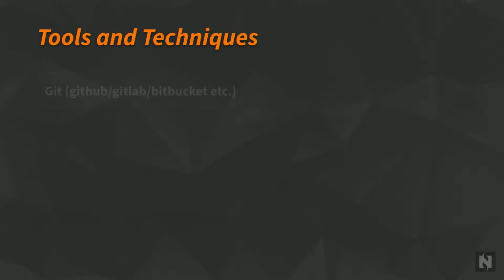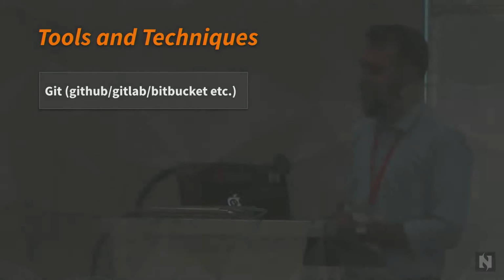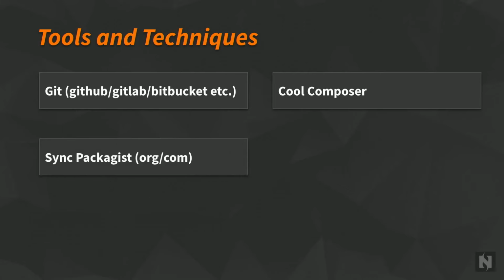We prefer you should use Git. Of course, everyone uses it, right? But at least with GitHub or GitLab and other things. Composer, that's going to be the new default standard for development. So yes, use Composer. Packages, for open source projects you can use the .org, and for private projects you can use the .com, packagist.com.